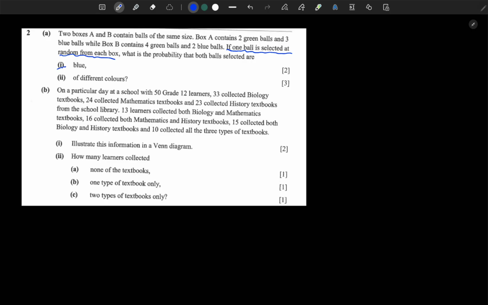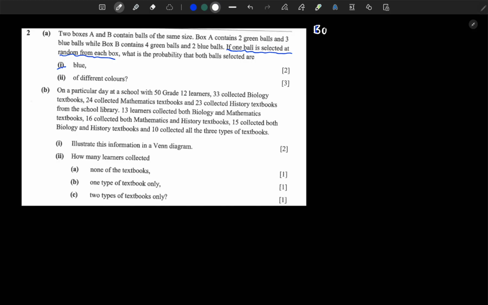So we have two scenarios and we are looking at independent events where one event is not affecting the other event. So here we need to come up with a tree diagram for each box.